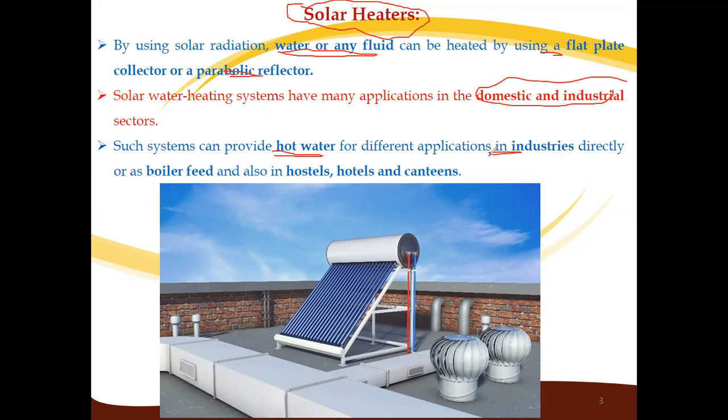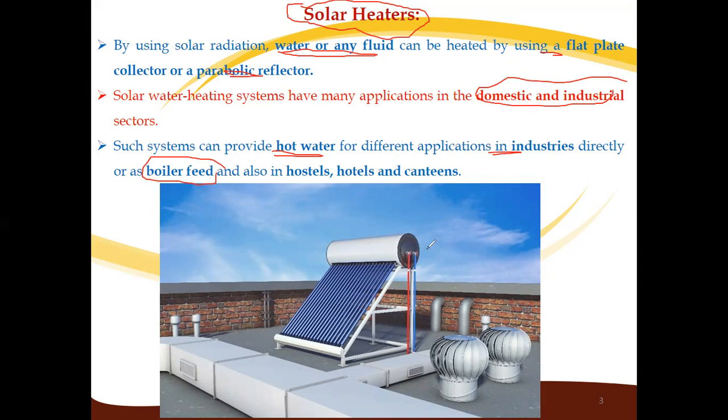We can provide this hot water for different applications of industry as well as for domestic buildings, hotels, canteens, where hot water is required. And indirectly, we have boiler feed. This hot water can be fed to the boiler so as to convert the hot water into steam. So these are the applications of solar heaters.